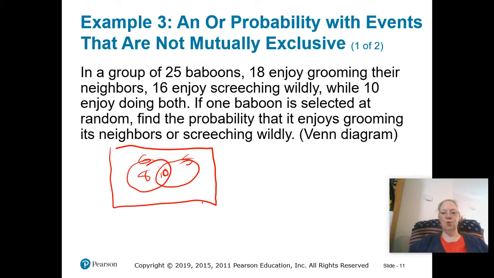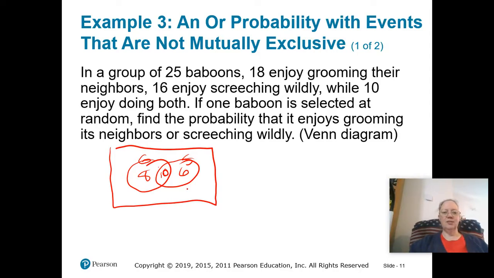Just grooming, that would be 8, where all together there would be 18 that groom. And then 16 screech, but we already counted the 10 that enjoy doing both. So 16 minus 10, 6 just screech. Does that make sense? All right.